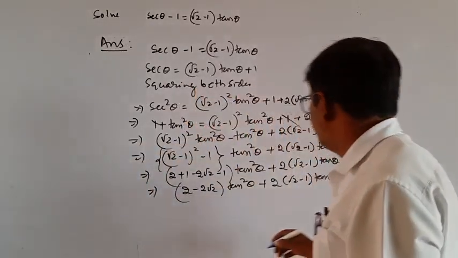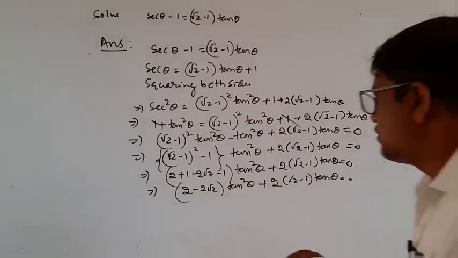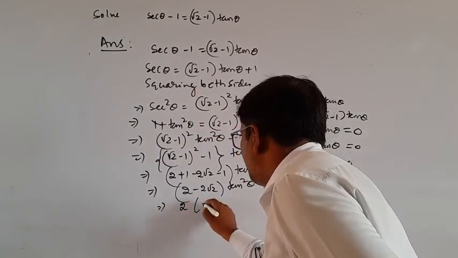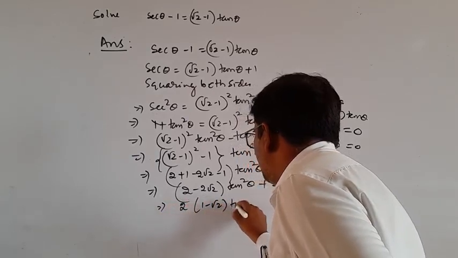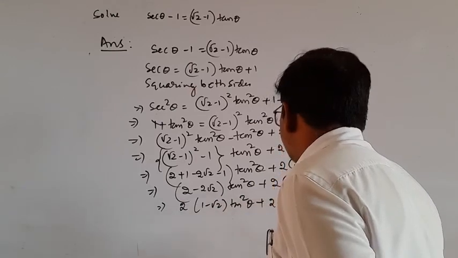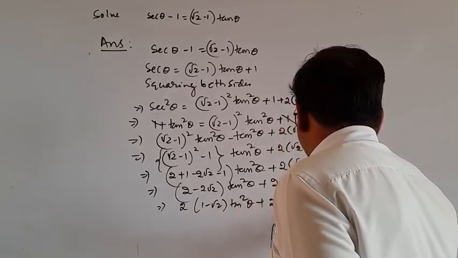Take 2 common here. This is 2 into 1 minus root 2 tan square theta plus 2 into root 2 minus 1 into tan theta is equal to 0.